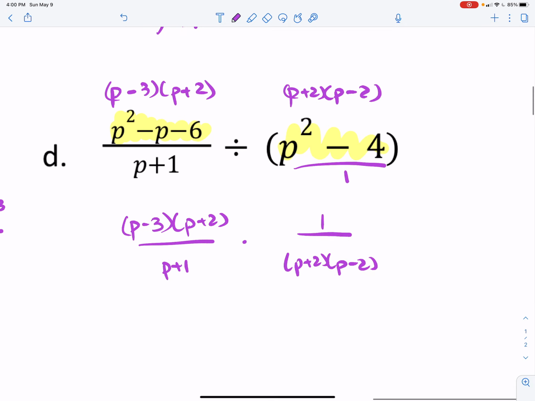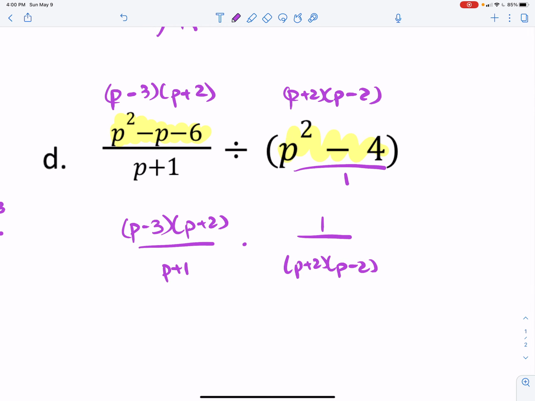So for this one, you have to flip it, find the reciprocal, and that's what you get. Then cross simplify, the p plus 2s can cancel each other out. Nothing else, so let me multiply straight across. You end up with p minus 3 all over p plus 1 times p minus 2.